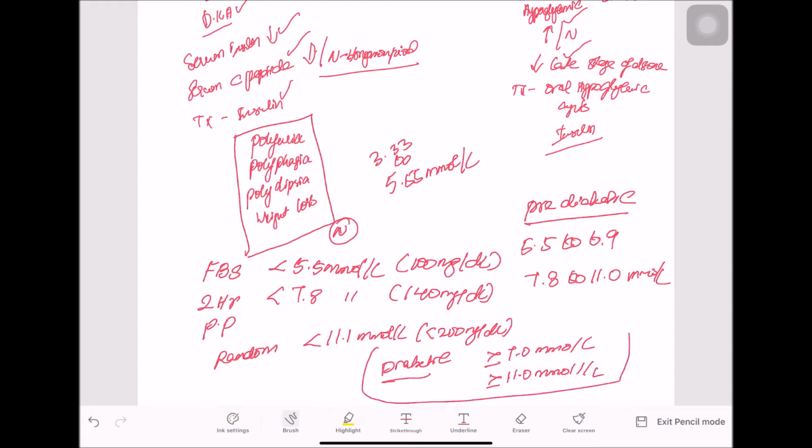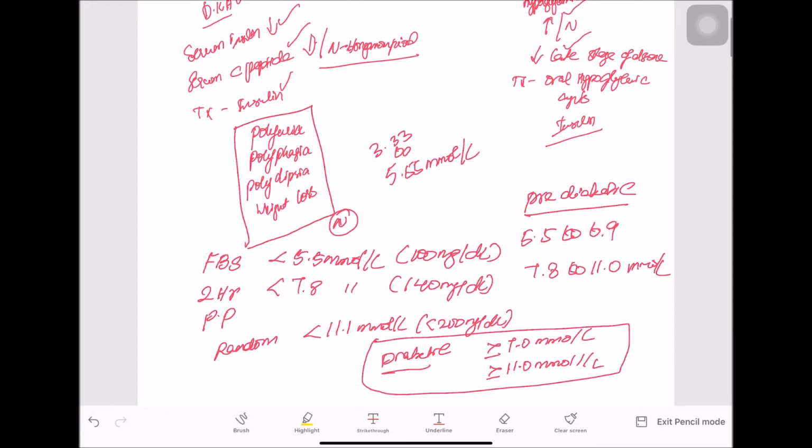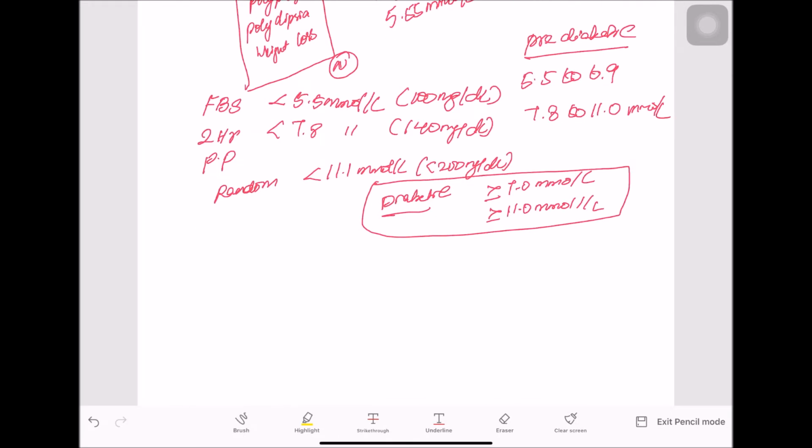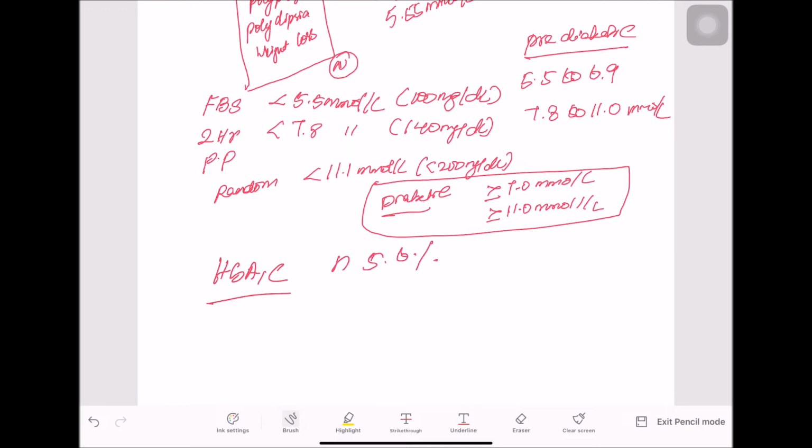We call it diabetic. The patient is diabetic. What about HbA1c? Normal is less than 5.6%. Pre-diabetic is 5.7 to 6.4%. When it is greater than or equal to 6.5%, that is a diabetic patient.